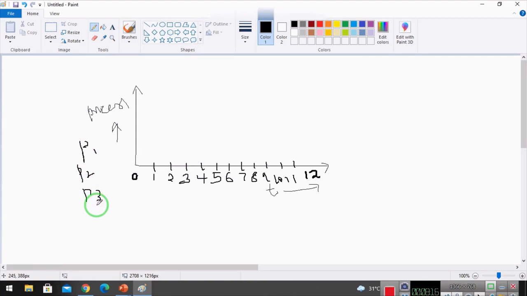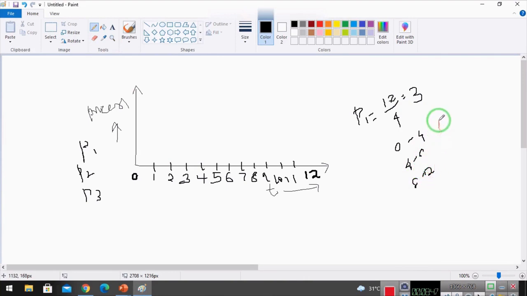Okay, so as I told earlier, P1 will be executed. So the total execution time will be 12, and P1 has a period of 4, so 3 times. So how do we make it into intervals? 0 to 4, 4 to 8, and 8 to 12.